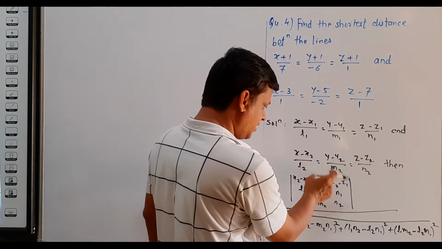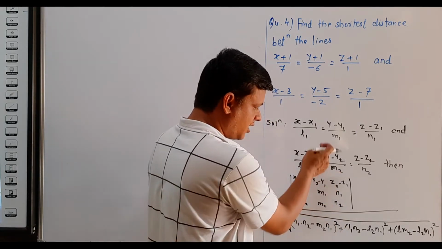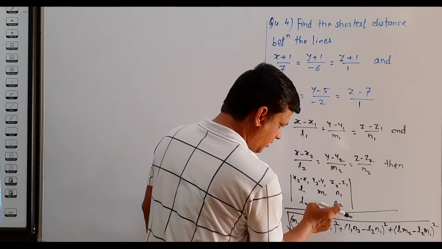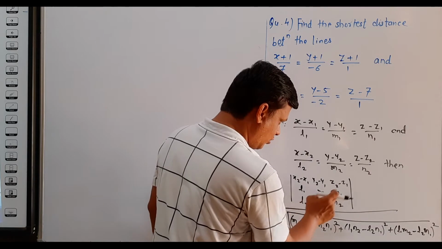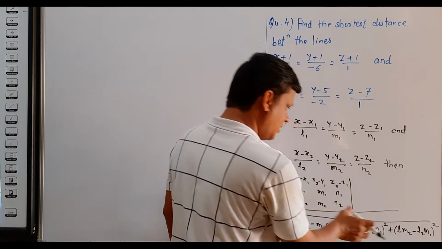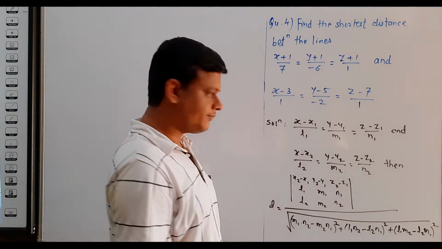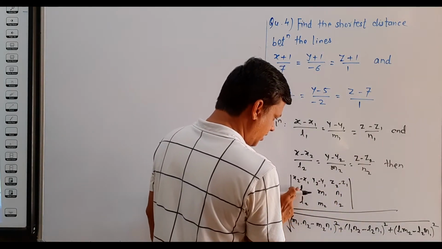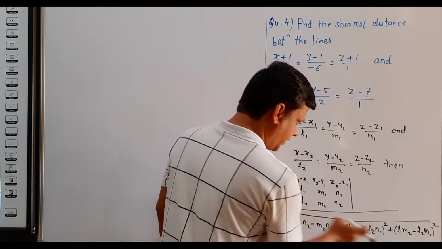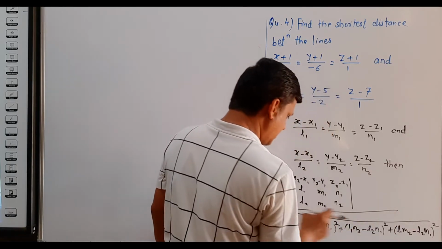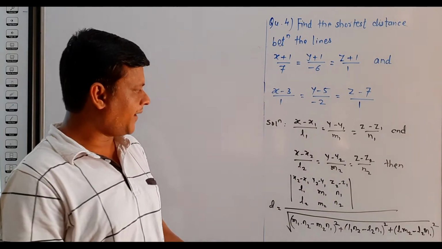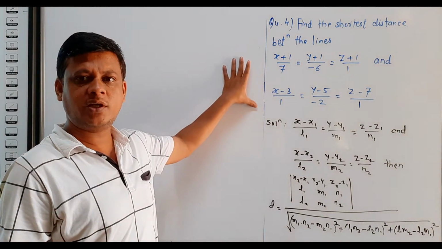Then when we consider the second element, we skip the second column, first row, and calculate the determinant (L1 N2 - L2 N1) whole square, plus. Then when we consider the third column, we skip the first row, third column, and calculate the determinant (L1 M2 - L2 M1) whole square. So by using this formula we find the shortest distance between these two lines.